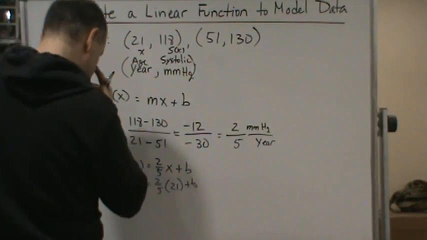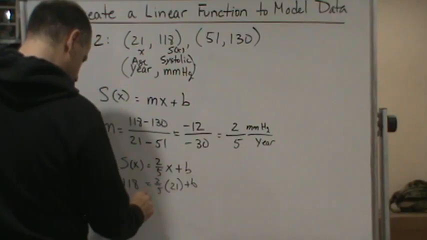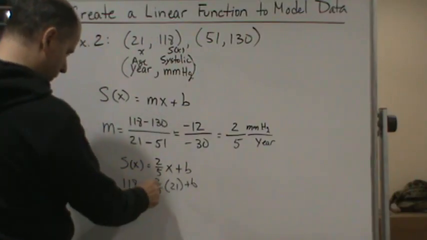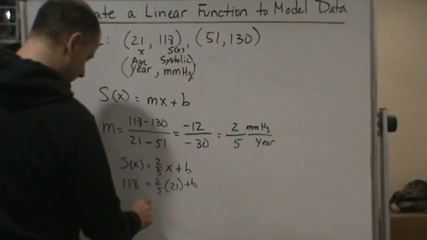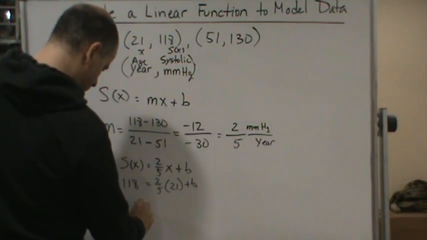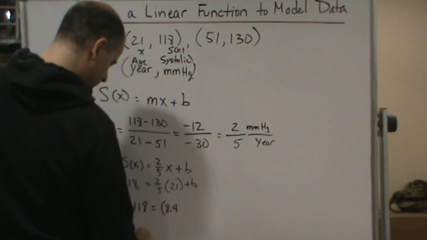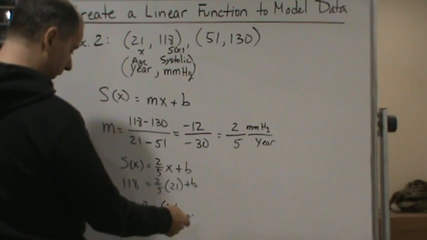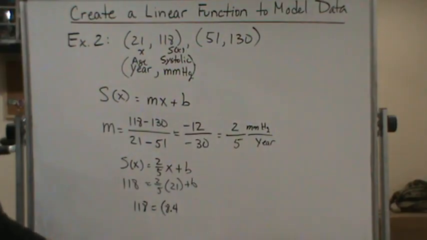Let's simplify this. We get 2/5 times 21, which is 42/5, and 42/5 is 8.4. If we take 42 divided by 10, that's 4.2, and if we double it, that would be the same as dividing 42 by 5.